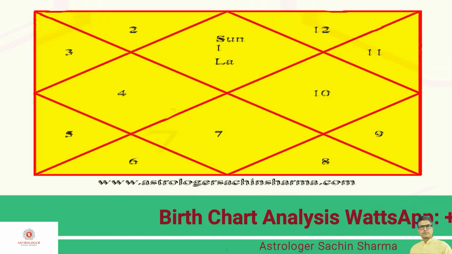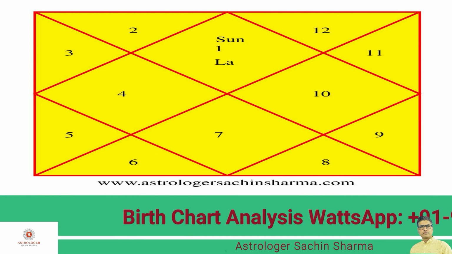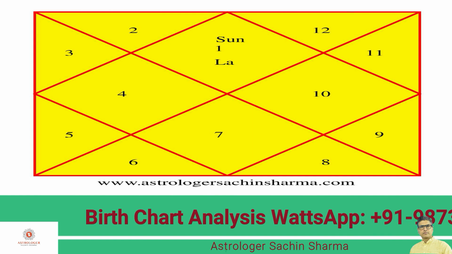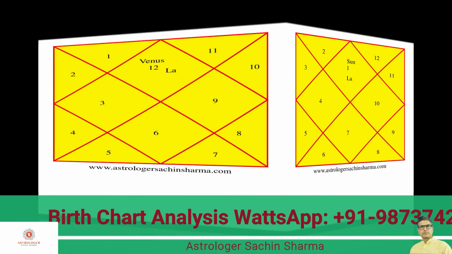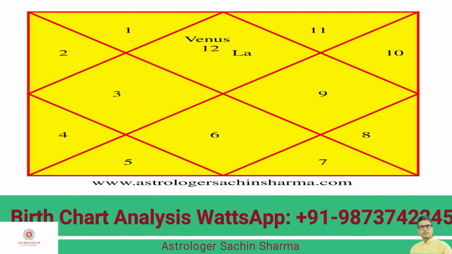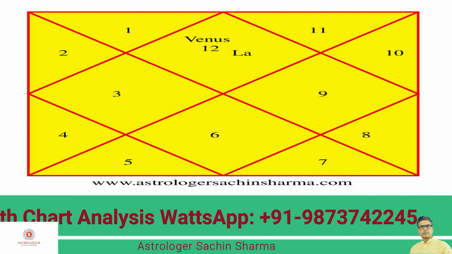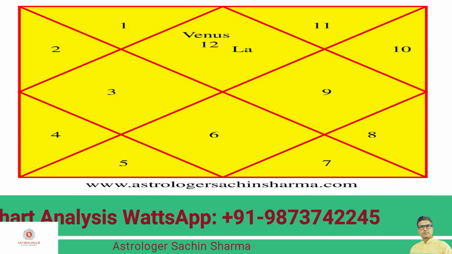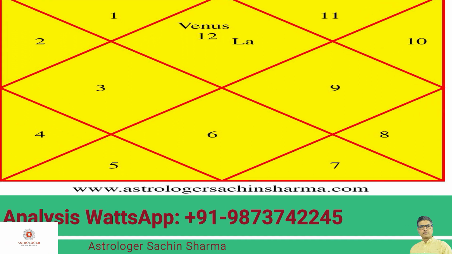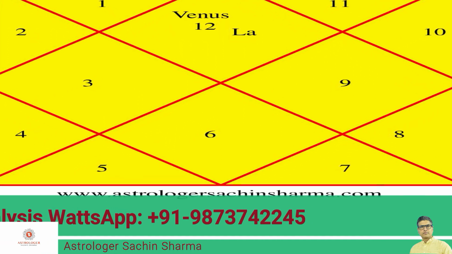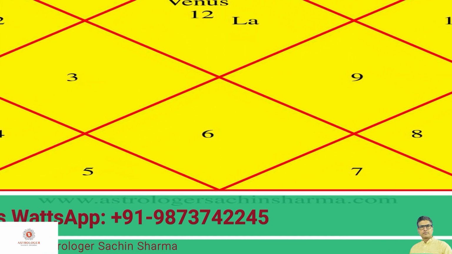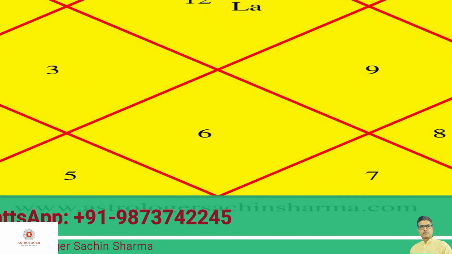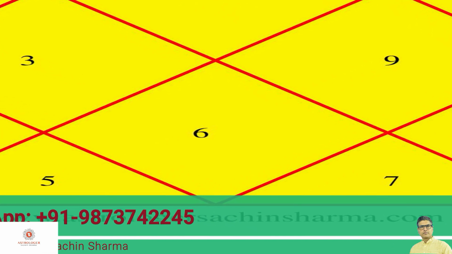So that is the quick technique of how to find the debilitated sign. So let us take another example. Here Venus is placed in the Pisces sign. That means number 12 is written in this particular house where Venus is placed, and exactly the 7th house from Venus is Virgo. So that means for Venus the debilitated sign is Virgo.